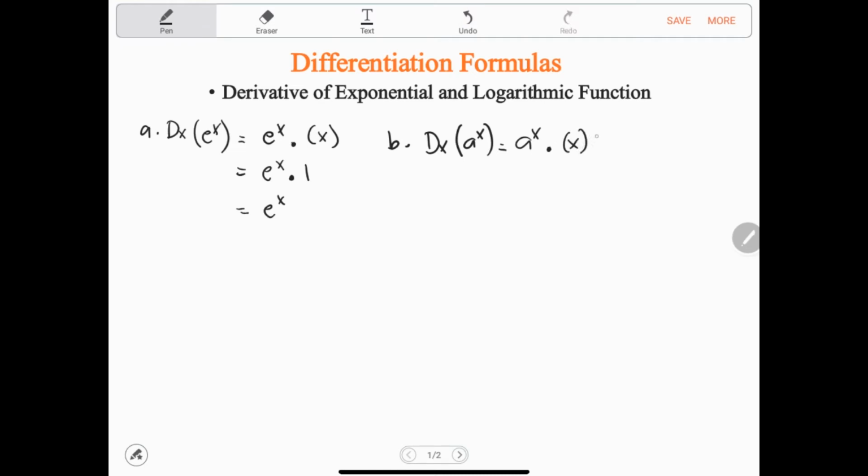Then multiply it by ln and copy a. Note that a can be any number greater than 0. So a raised to x times the derivative of x, which is equal to 1, times ln a is the same as a raised to x ln a.